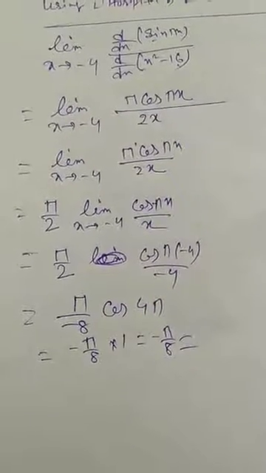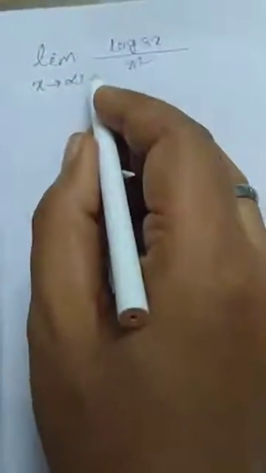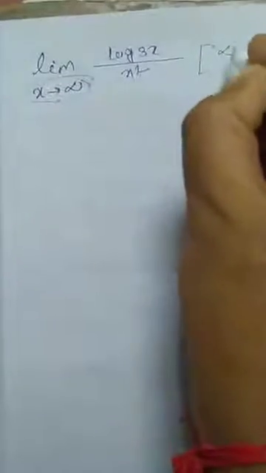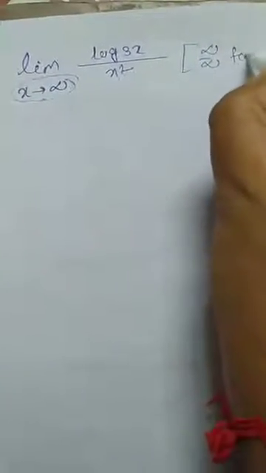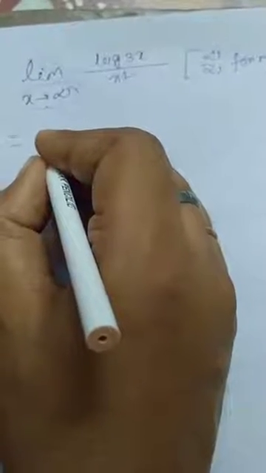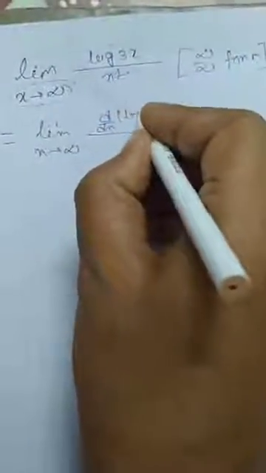Okay, next problem. Another problem is limit x tends to infinity log 3x by x square. As x tends to infinity, if we put x is equal to infinity, this is infinite by infinite form. So we use L'Hospital rule. This is equal to limit x tends to infinity derivative of log 3x by derivative of x square.